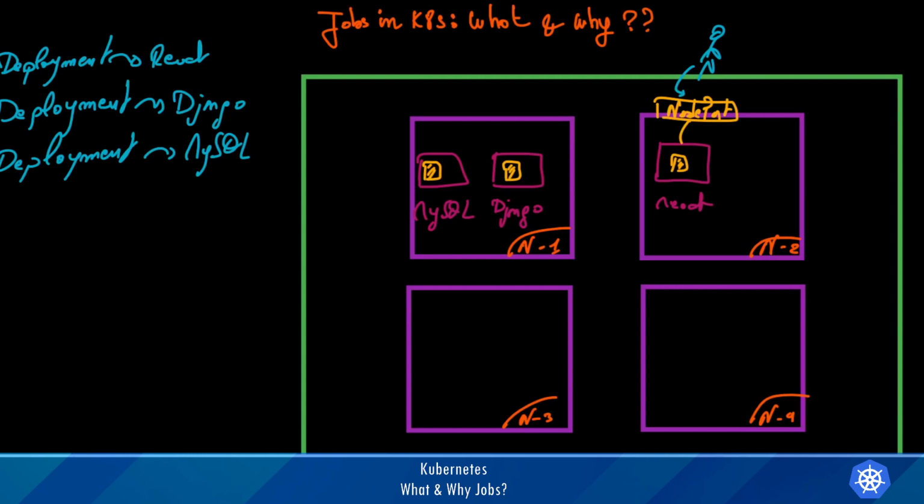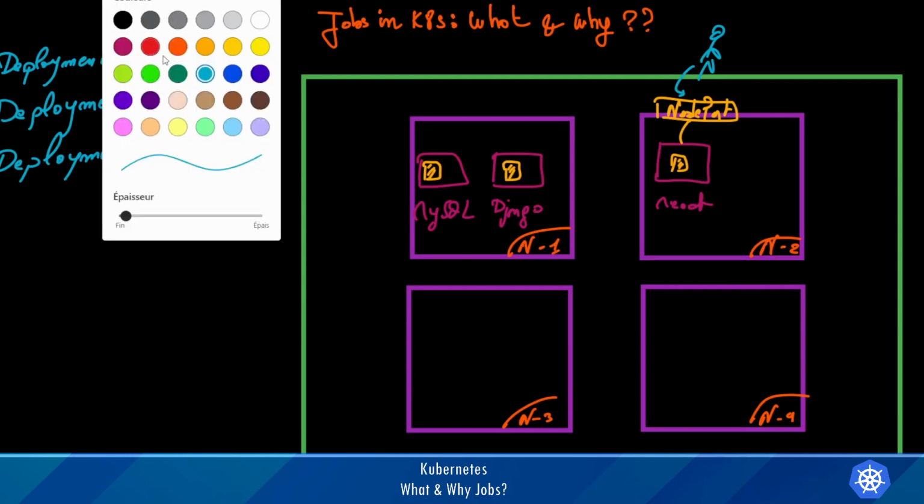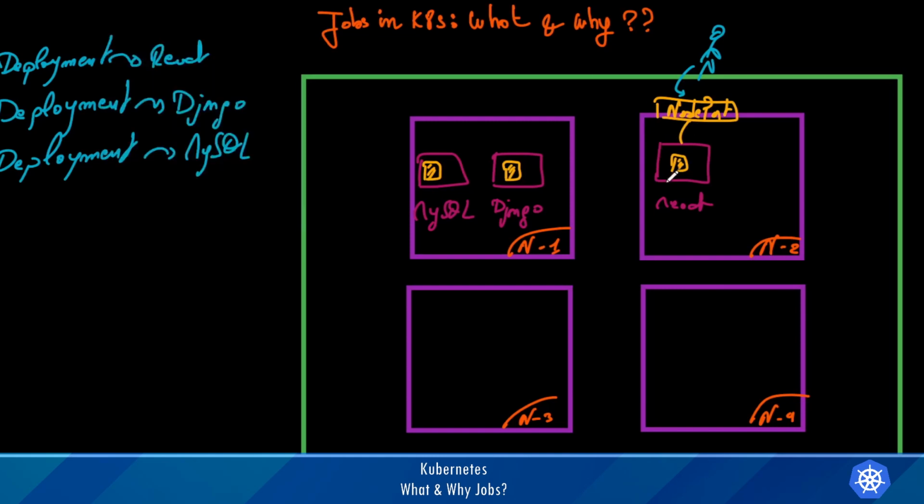For example, when we deploy the React app with a deployment, if this app goes down, the deployment will notice that the pod running the React app fails, and it will create another pod. Now the users can access the app using this pod.